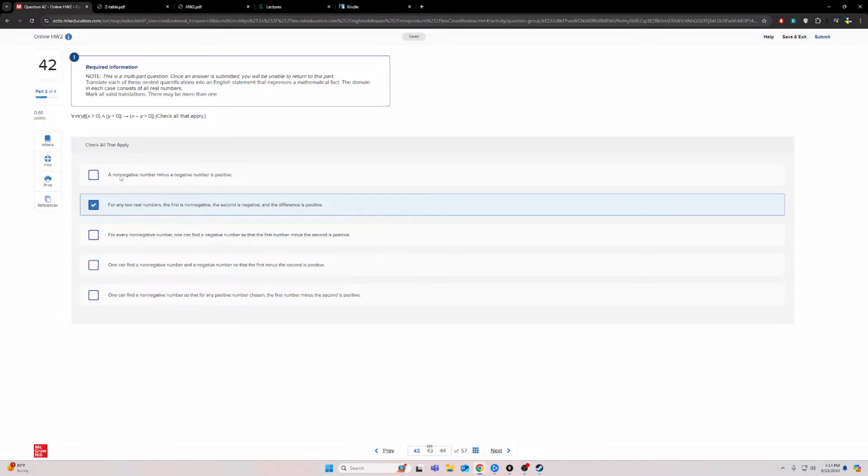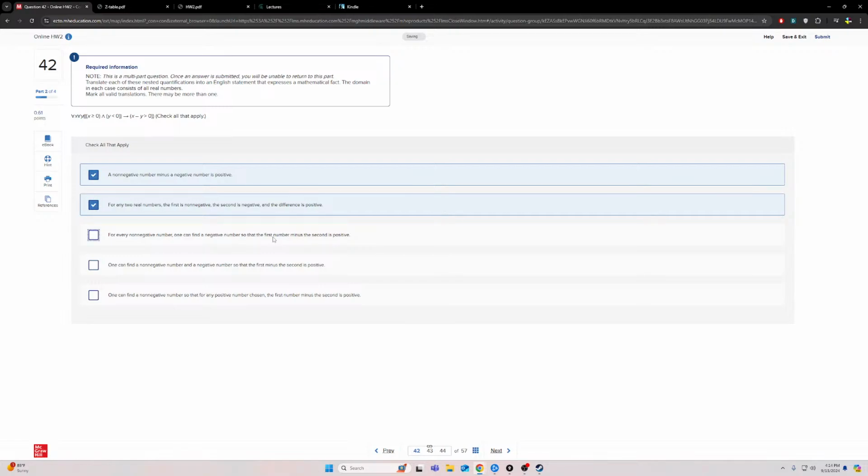A non-negative. I mean, it's just saying generalized. Yeah, sure. A non-negative minus a negative is positive. That's just, and it's saying that for everything, so yeah, that would be true. For every non-negative number, one can find a negative number.